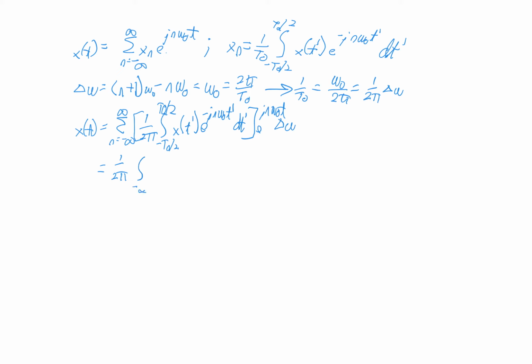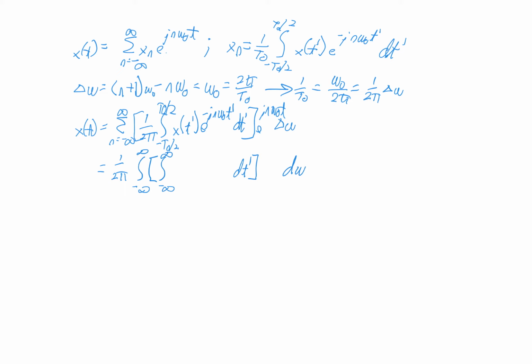Here omega goes from negative infinity to infinity, and what we have left inside is this integral from plus or minus half the period. But now remember, we let the period go to infinity, so this becomes negative infinity to infinity over the time variable.